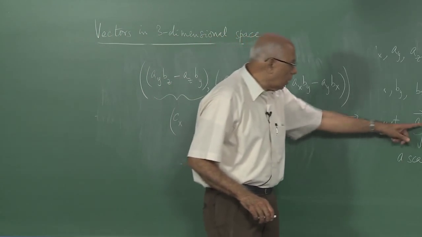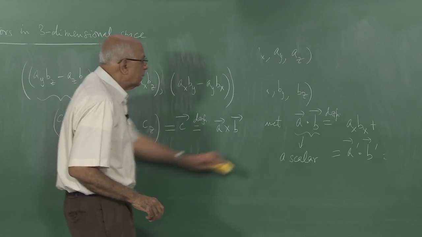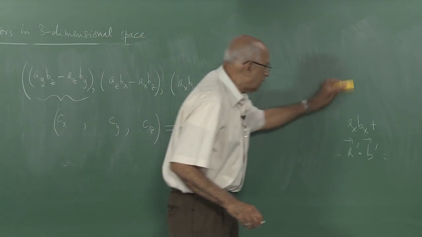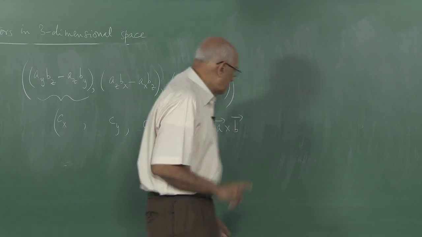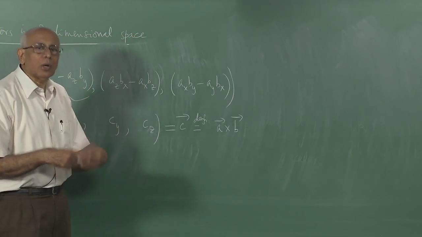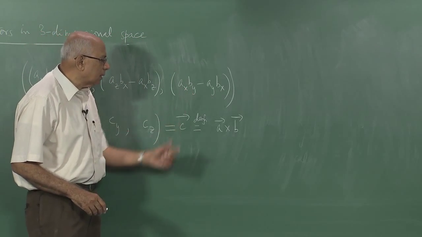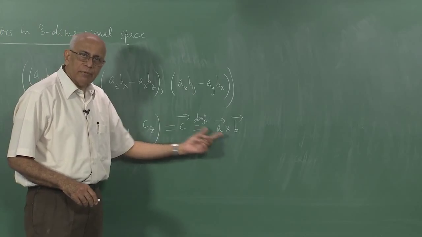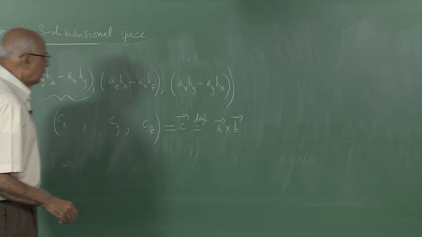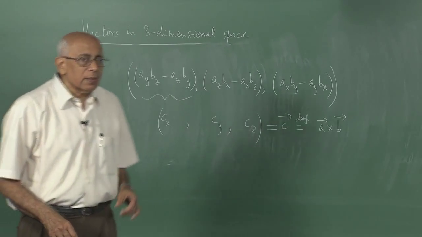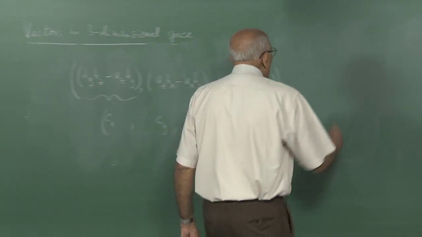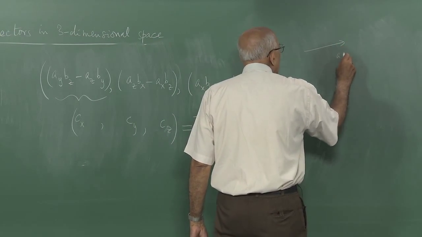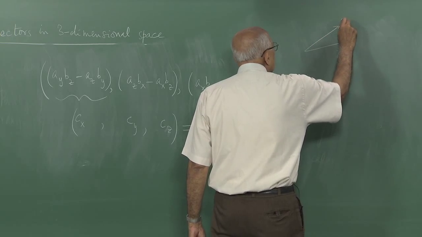In contrast to the dot product which produced a scalar, the cross product produces a vector in 3 dimensions. In 2 dimensions it did not, the analog just produced a pseudo scalar, but here it actually has produced a vector under rotations here.